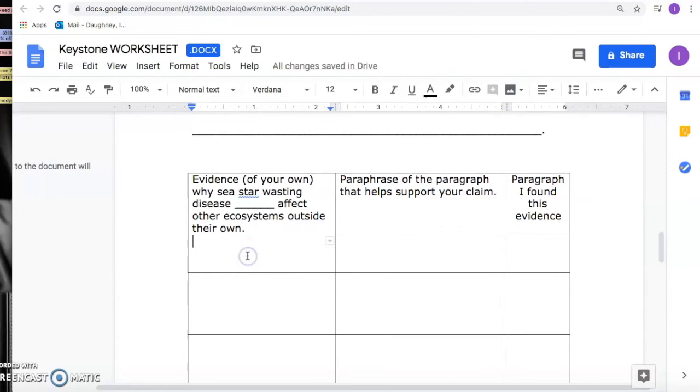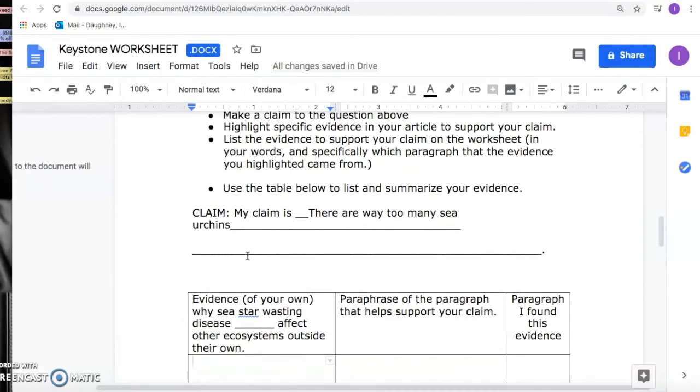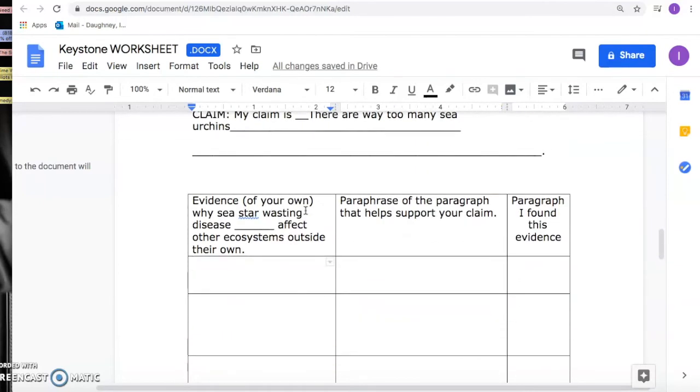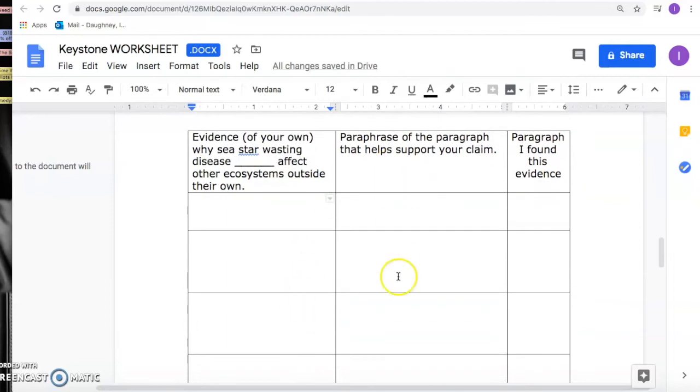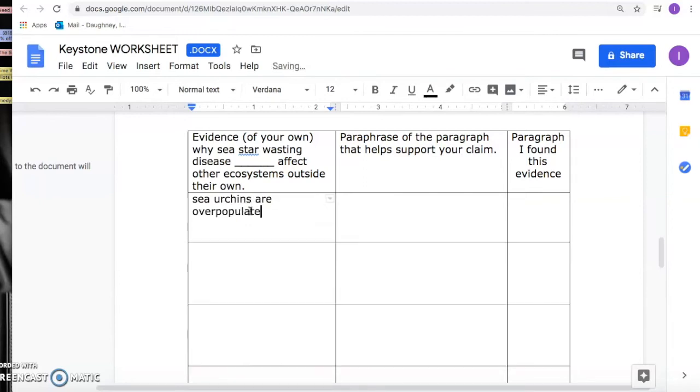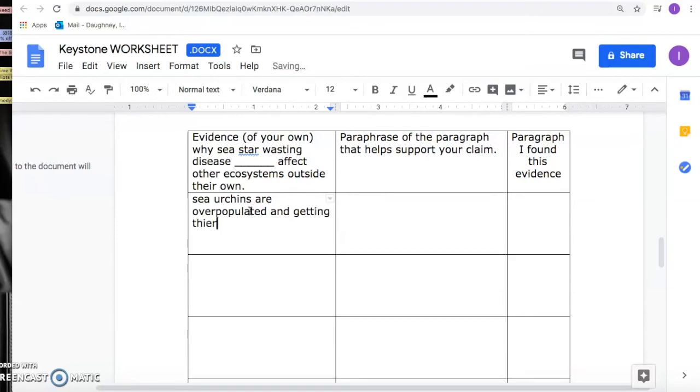So if that's your claim, then you need to find evidence of that claim, okay? So you could say sea urchins are overpopulated and getting their own diseases. Because what happens when there's overpopulation? Disease, okay?